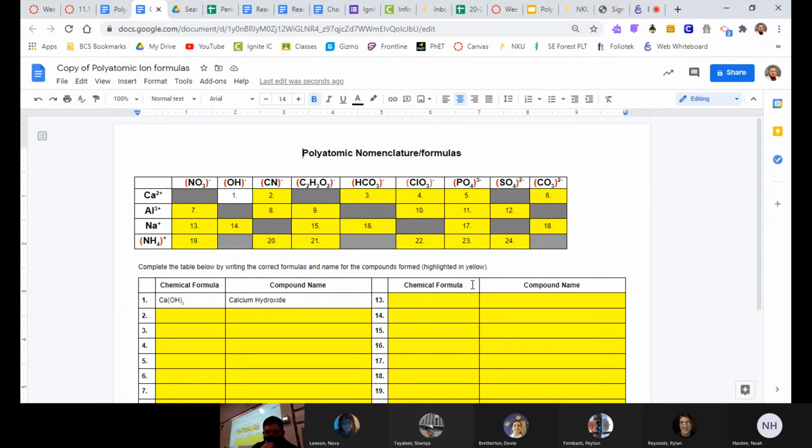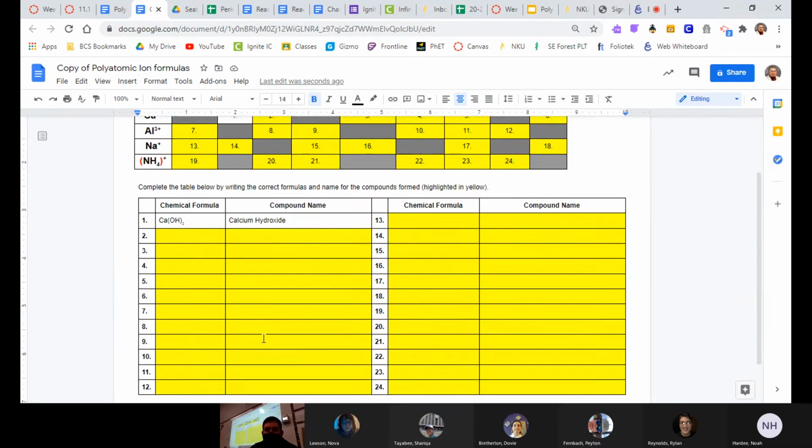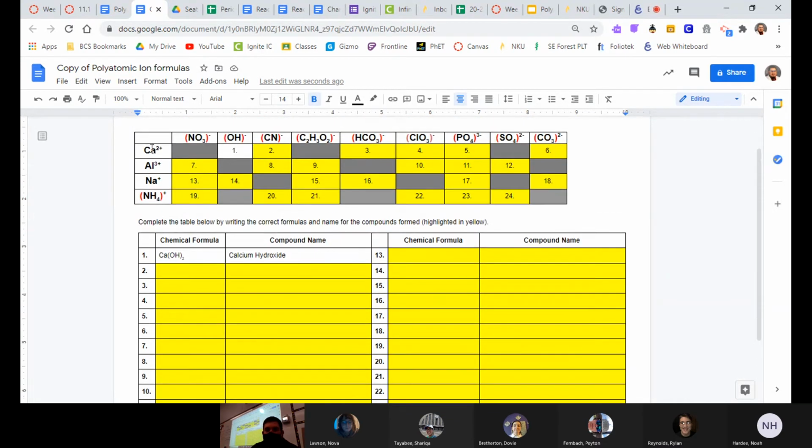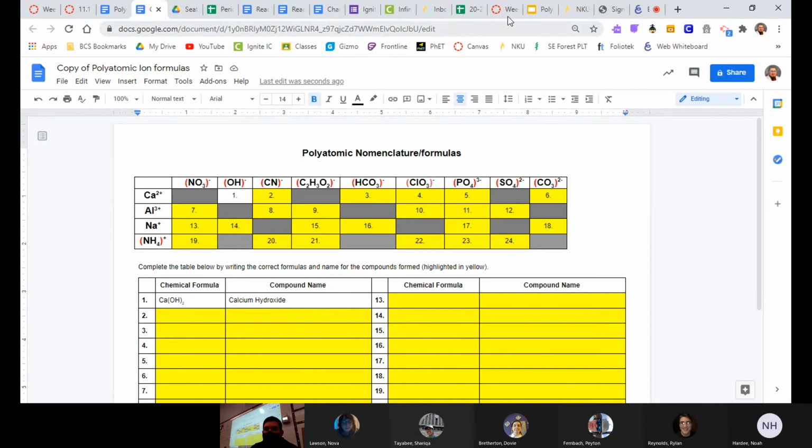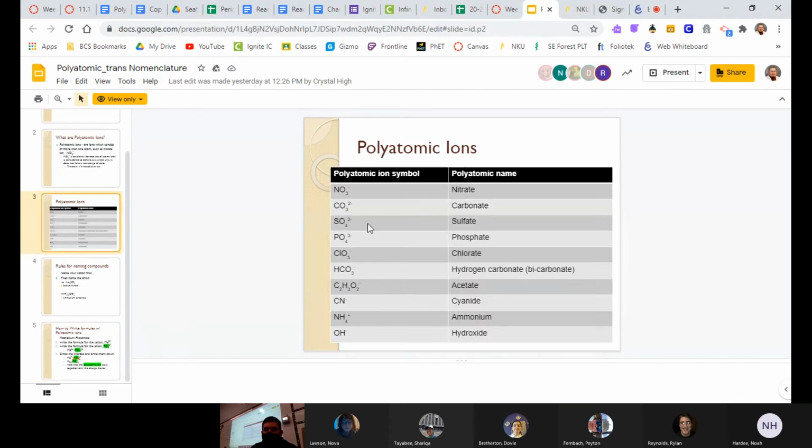Let me walk you through how to do this. So in table number 1 here, we're going to do Ca bonds up with OH. So that is calcium bonding up with hydroxide. So do me a favor, you're going to need your notes, and make sure you have your name.